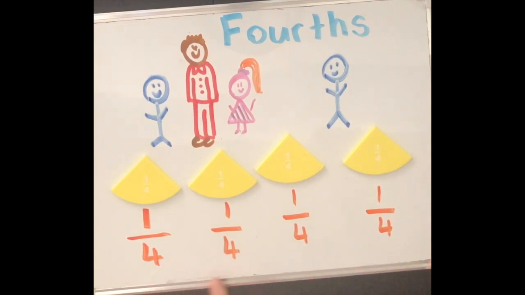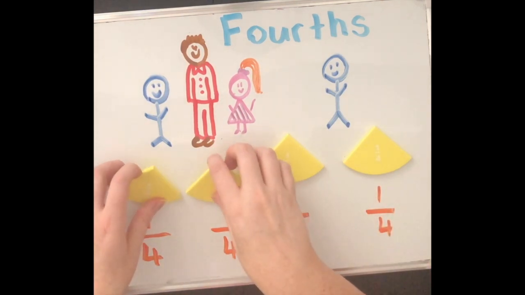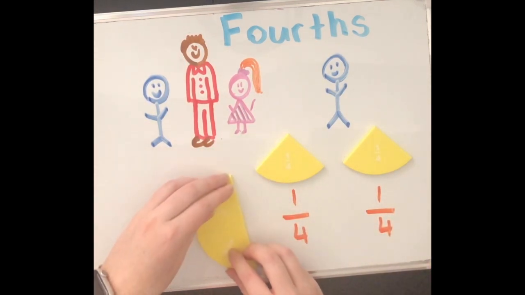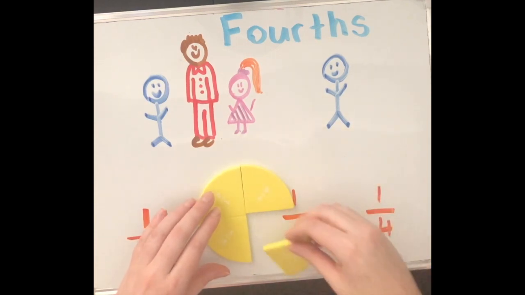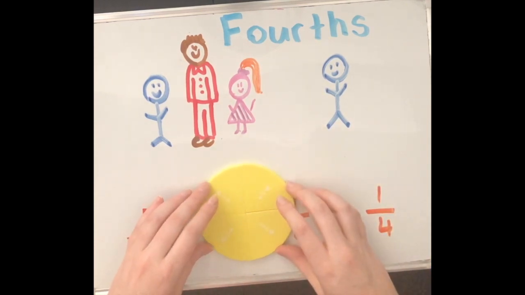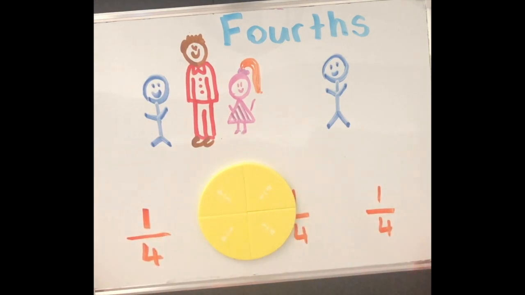Let's count. 1, 2, 3, 4. Excellent. And if we put our fourths back together, we will make a whole pizza again. There is no part missing. Okay, I hope this has helped you understand whole shapes, halves, thirds, and fourths.